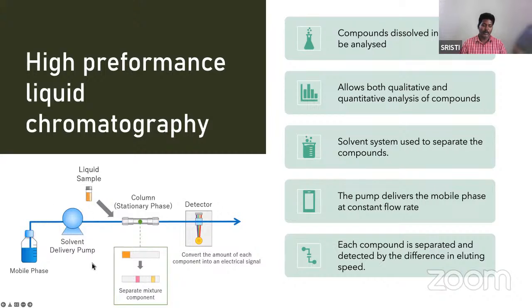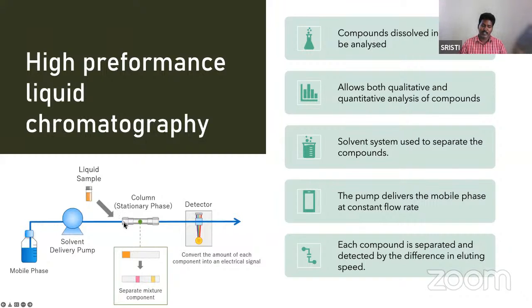Here we have a solvent delivery pump, which will create a pressure inside the column while the solvent flows through it, and the sample is injected in an injector.